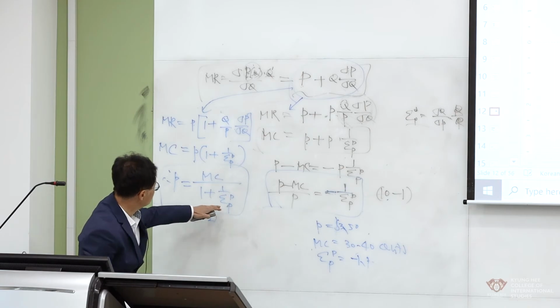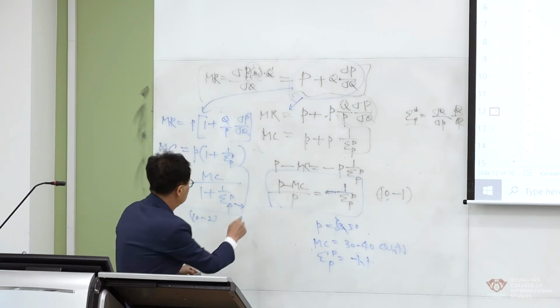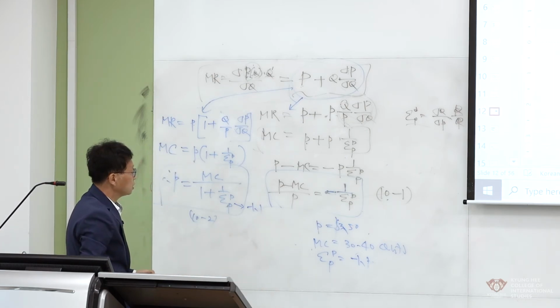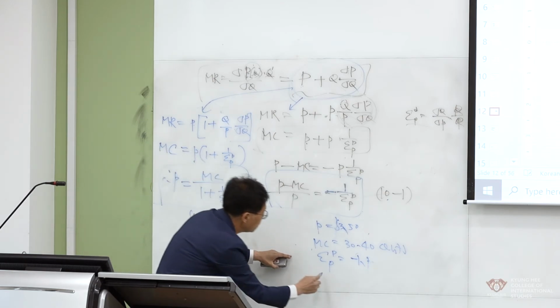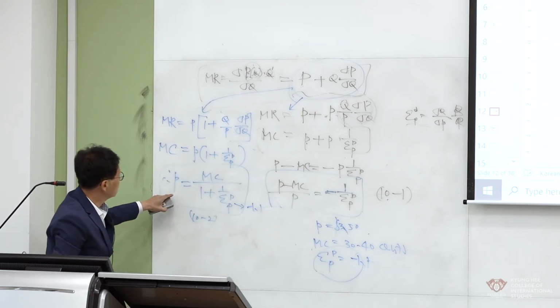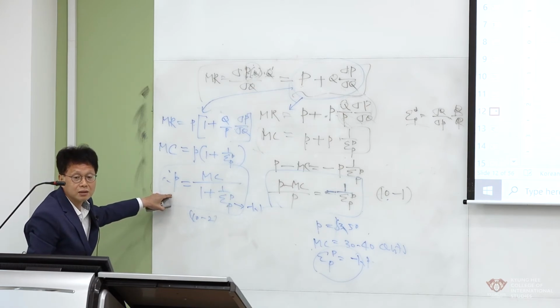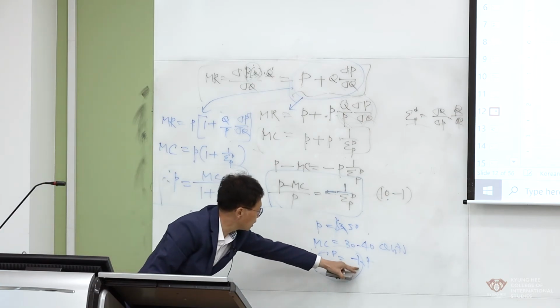We have this information: it is minus 1.1. If we have information for this, we can work out the monopoly price, actually. So now that is minus 0.1.